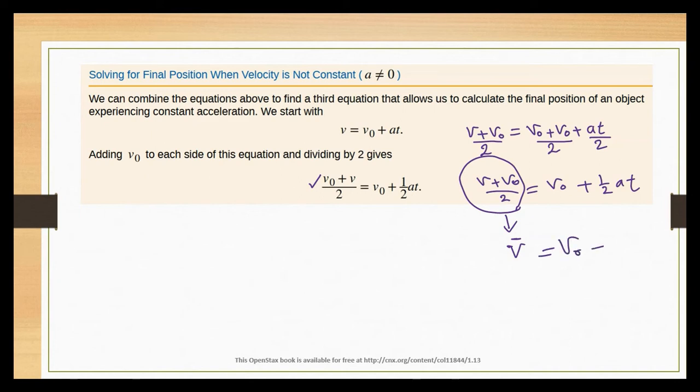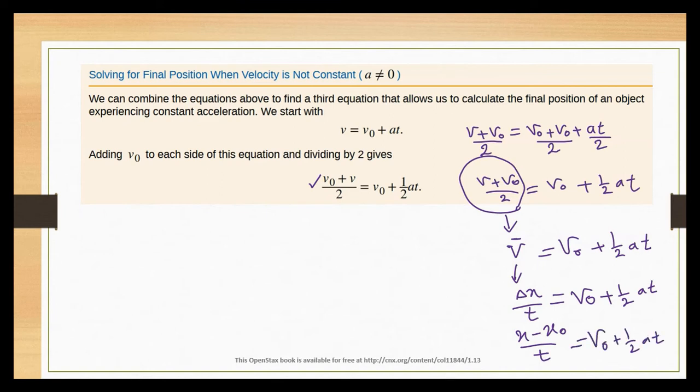So average velocity is equal to v0 plus 1 over 2 at, and v bar is delta x over t. So delta x over t is equal to v0 plus 1 over 2 at, and delta x is x minus x0. So multiply both sides by t.